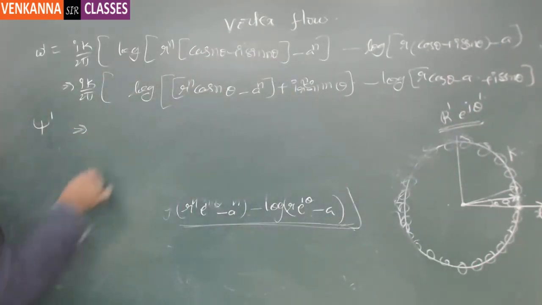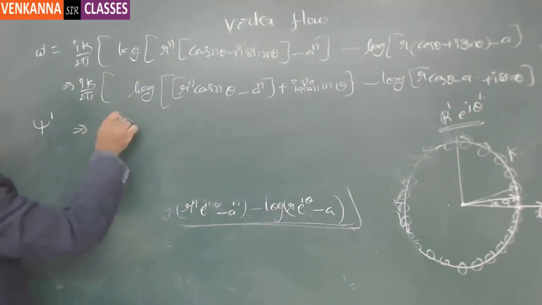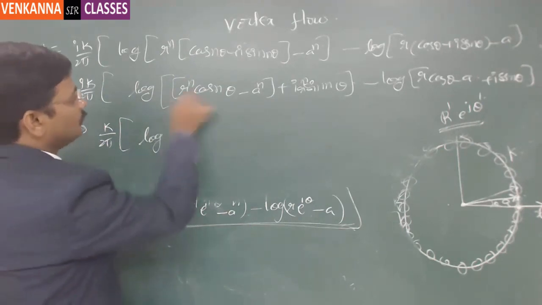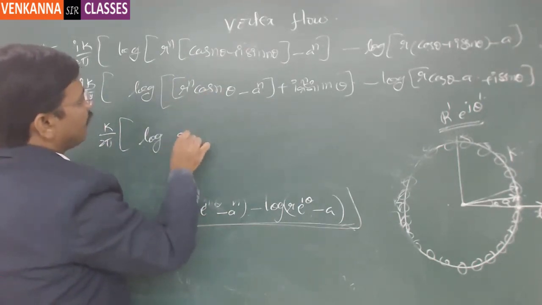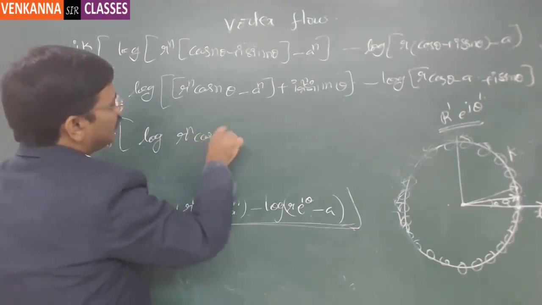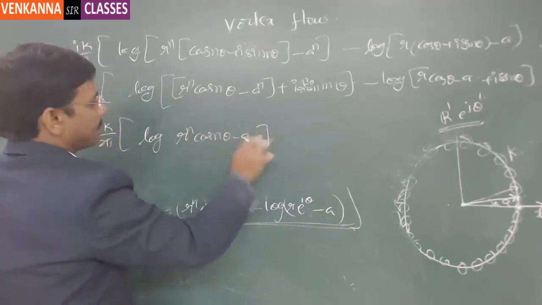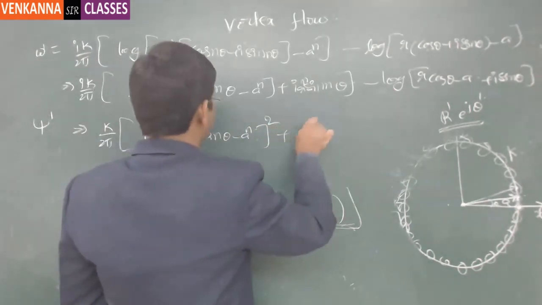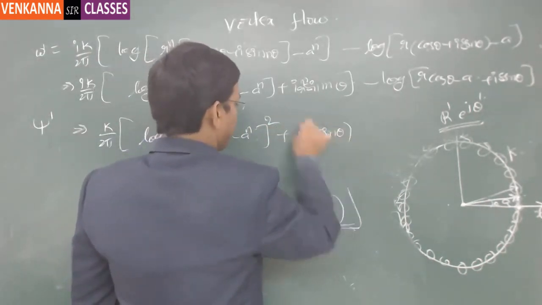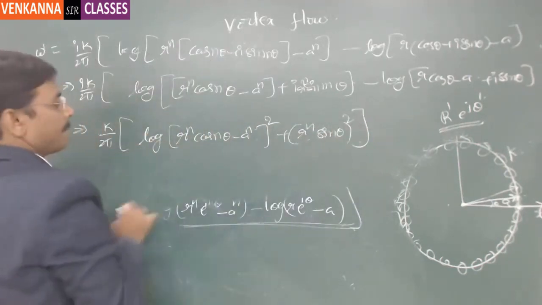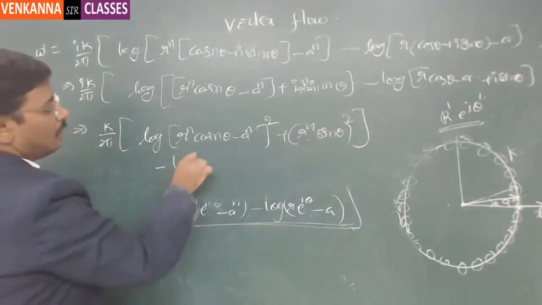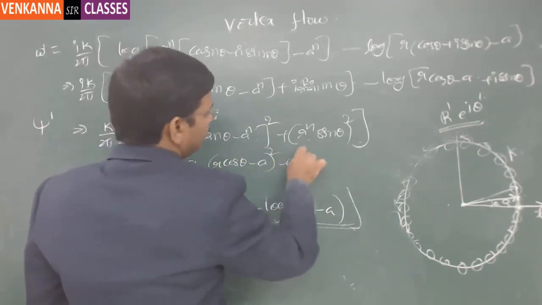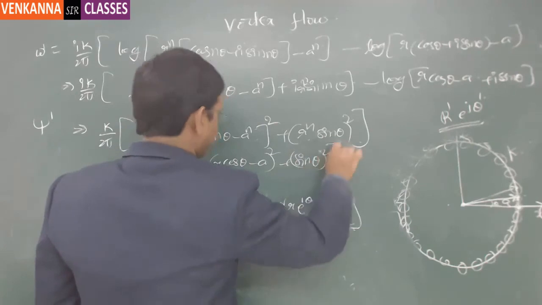So psi dash will be k by 2 pi times of log of r power n cos n theta minus a power n whole square plus r power n sin n theta whole square, minus log of r cos theta minus a whole square plus sin theta whole square.